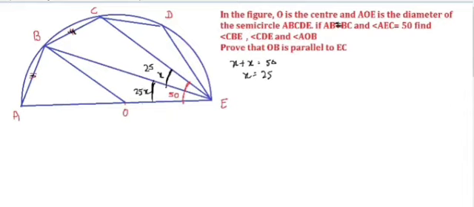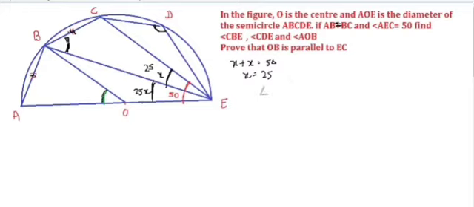Now we need to find out angle CBE. We need to find out angle CDE also, and angle AOB. We need to find out these three angles. So let us first calculate angle AOB.